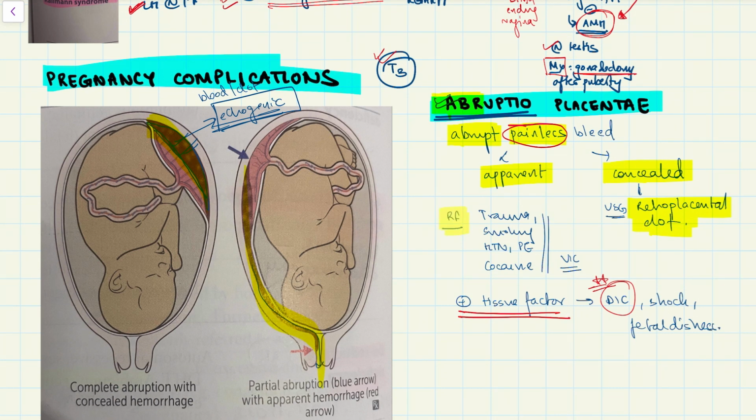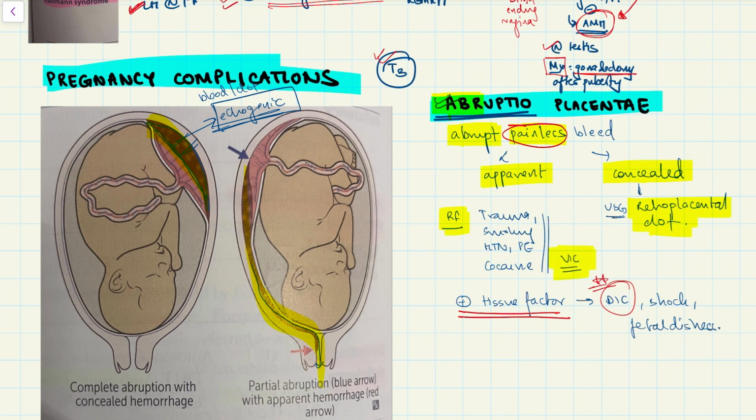The risk factors for abruption are trauma, smoking, hypertension or preeclampsia, and use of cocaine. These are all the causes that cause vasoconstriction and lead to uteroplacental insufficiency.